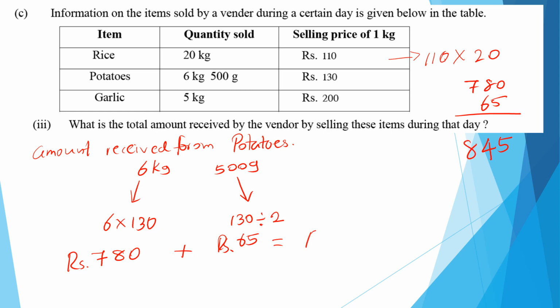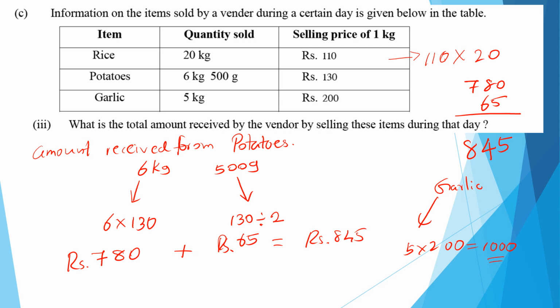This is 845 rupees, right? And then what is the amount for garlic? How much could he earn for garlic? You can easily get this: 5 into 200. So you get 1000 rupees, right?